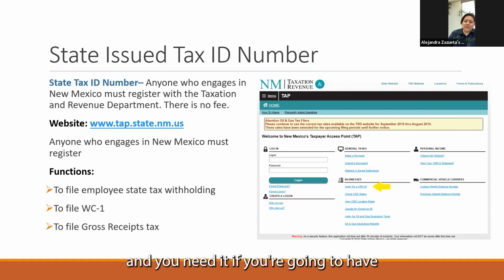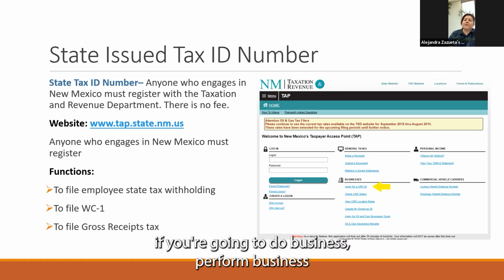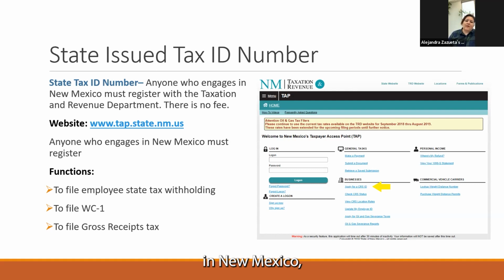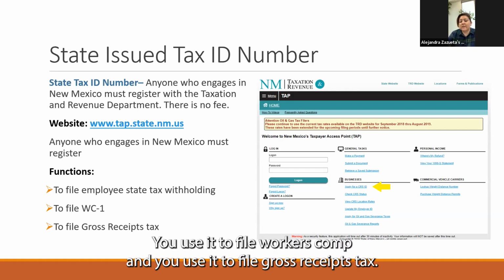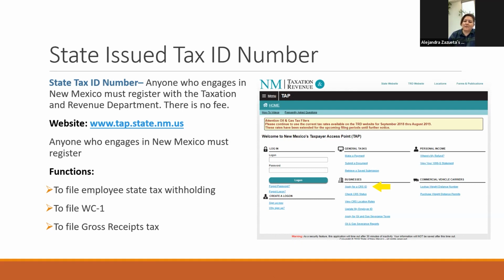You need it if you're going to perform business in New Mexico. You also use it to file employee state tax withholding, to file workers' comp, and to file gross receipts tax. Next, please.